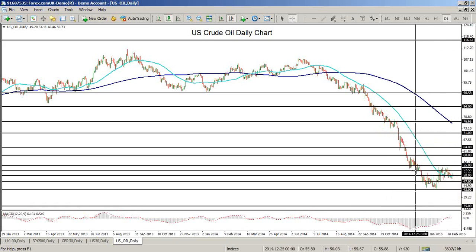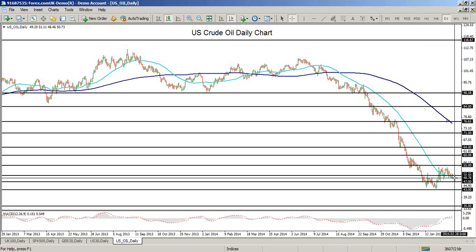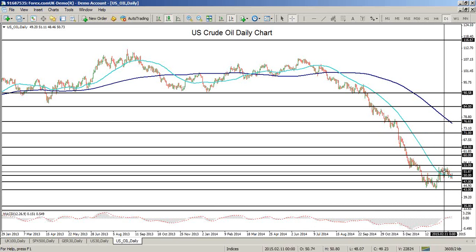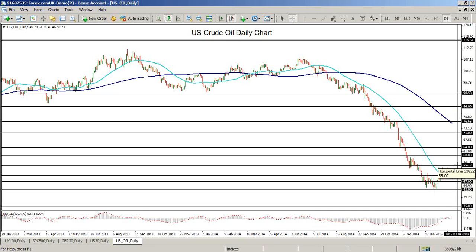This pattern right here didn't really happen as of yet. I would look more towards a breakout above 55 resistance, and that would look to me more like a bottoming out pattern and a possible partial recovery in oil.